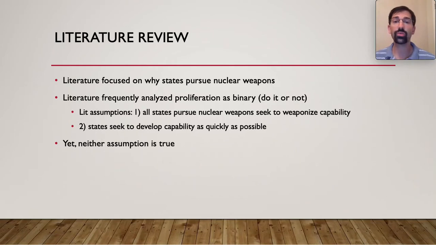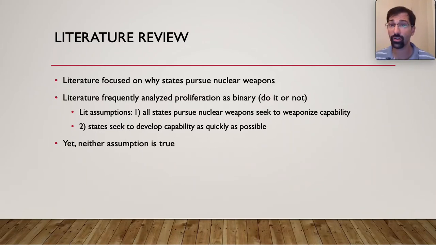So there's 2 literature assumptions that this article attacks or tries to undermine. First is that all states pursue nuclear weapons. They seek to weaponize capability. Right? The examples: South Korea, Japan, Iran potentially, depending on the argument. They develop capability, but they don't try to weaponize it.